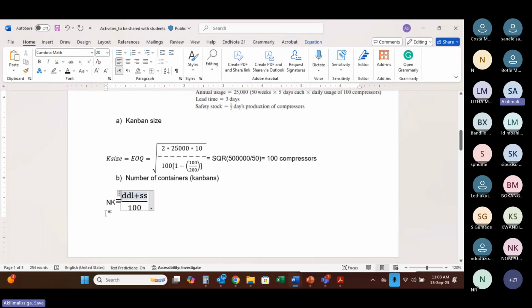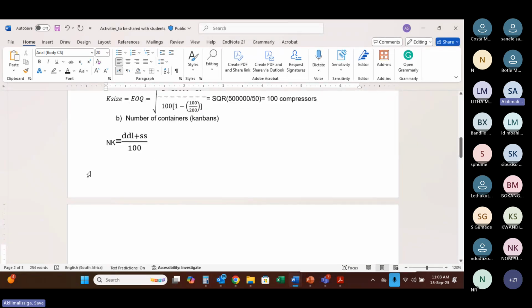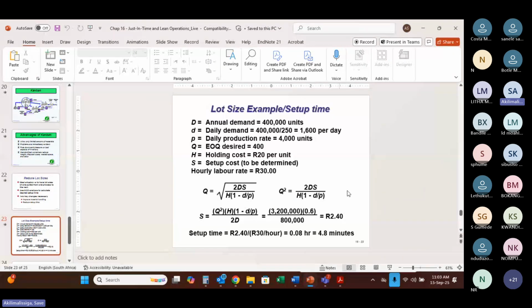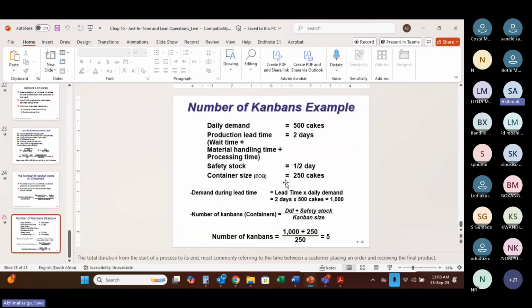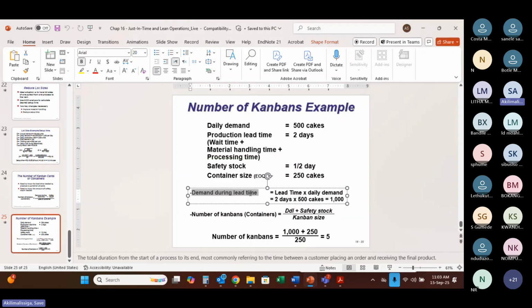Now, demand during lead time. Need to find the demand during lead time. So based on the formula from the slide here, it says that demand during lead time is equal to lead time multiplied by daily demand.